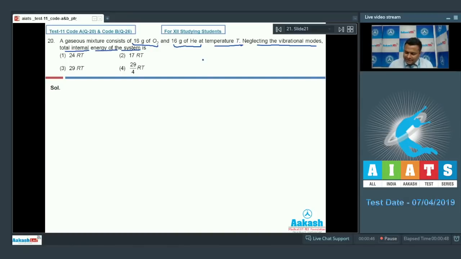We know very well that the internal energy at any temperature T is given by N CV into T, where N is number of moles, CV molar specific heat capacity at constant volume, T absolute temperature. Now CV for diatomic gases like O2 is 5 by 2R. On the other hand, CV for monatomic like helium is 3 by 2R simply.